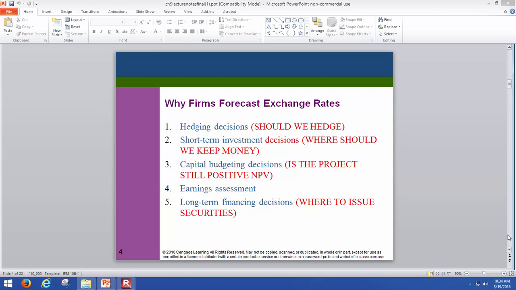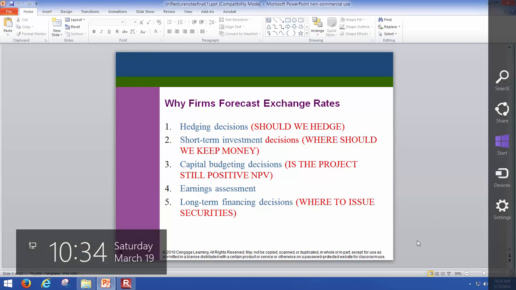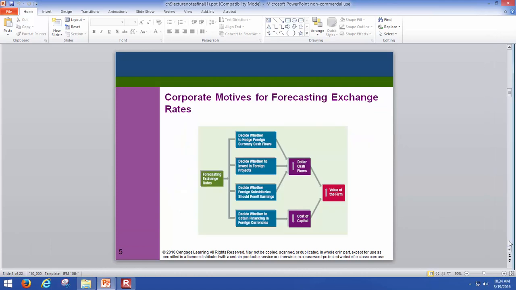For example, you could be able to borrow in euros for 2% or 3%. That is a good deal, but if the euro is expected to appreciate against the US dollar, some of these projected savings will go away. So these are at least 5 reasons why firms are interested in forecasting the exchange rates.